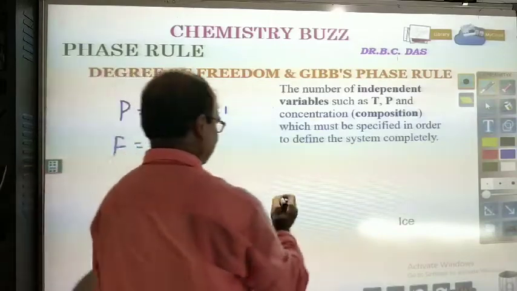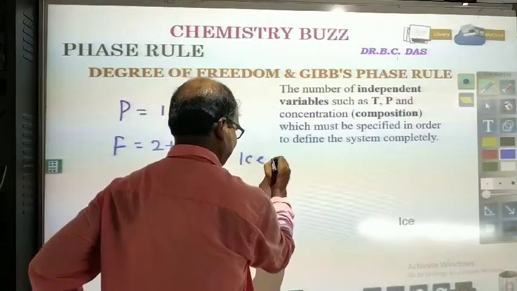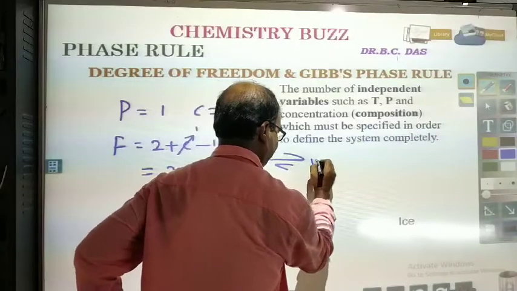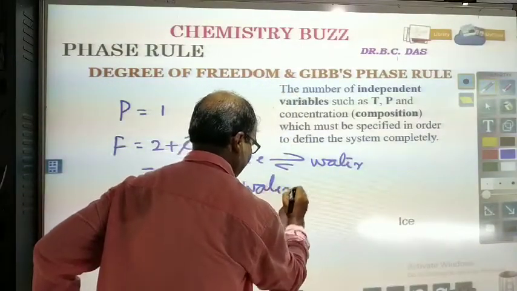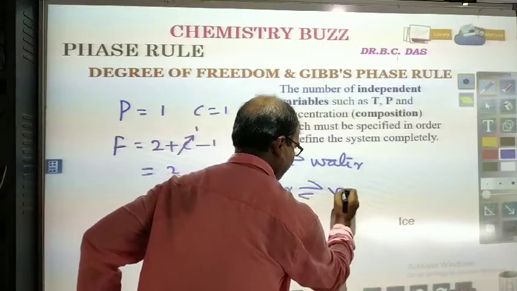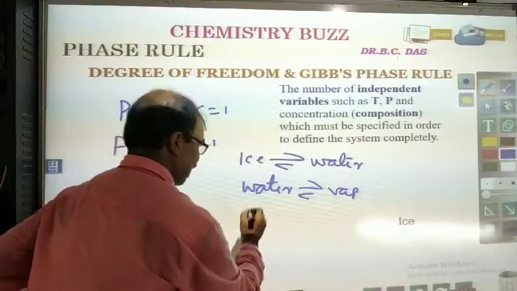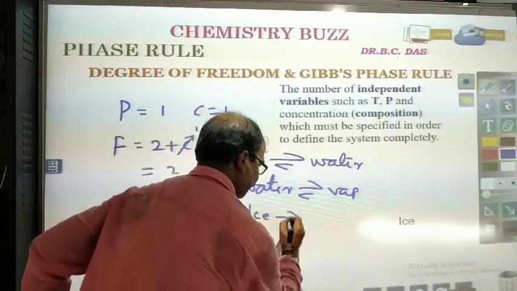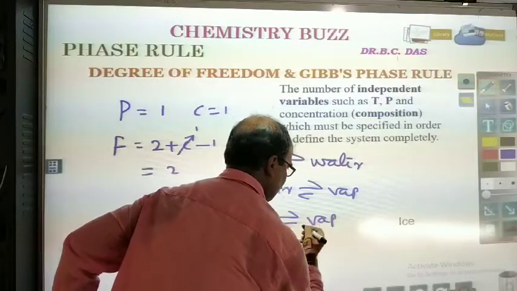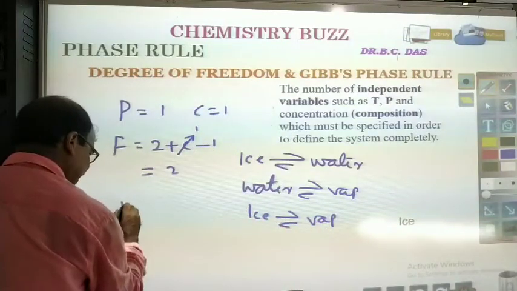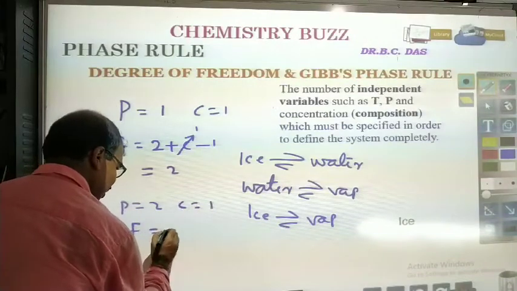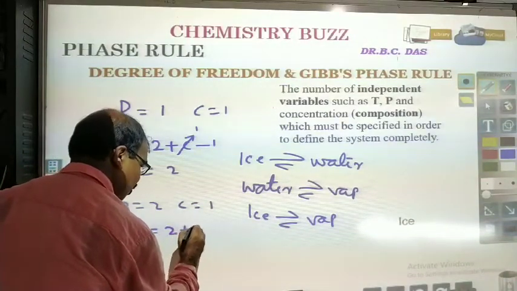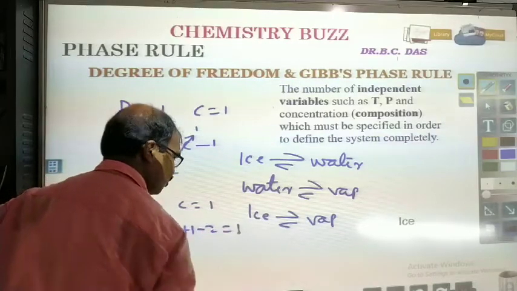So when it is ice-water equilibrium, or water-vapor equilibrium, or ice-vapor equilibrium, this is a two-phase system. So P is equal to 2, C is equal to 1. So F is equal to 2 plus 1 minus 2, that is 1.